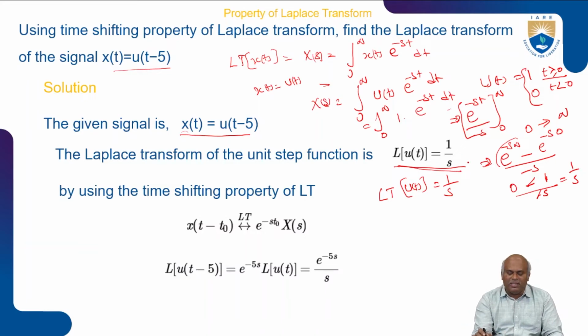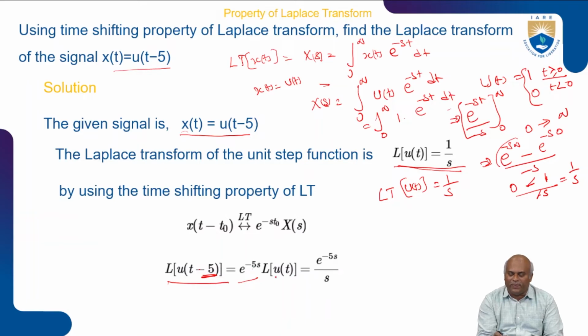Now take this statement using the time shifting property of Laplace transform: the Laplace transform of x of t minus t0 is equal to e power minus st0 x of s. Now in terms of the shifting case, the Laplace transform of u of t minus 5 is equal to, as much as the shift happens, that much multiplication happens here, e power minus 5s. Here there is a minus, that's why we have the minus.